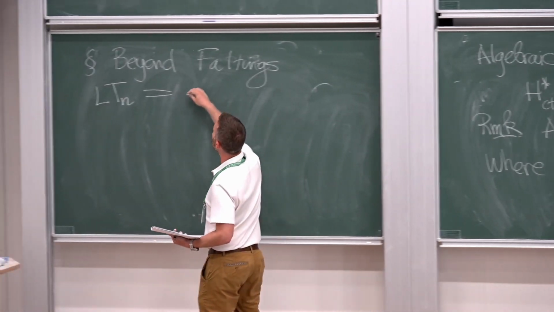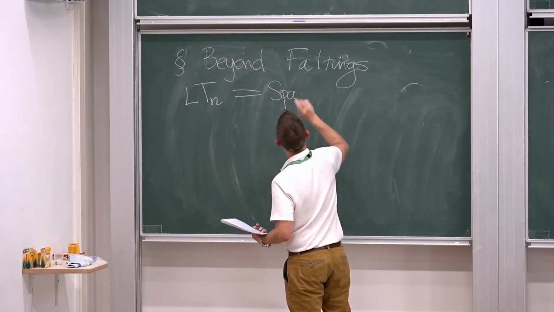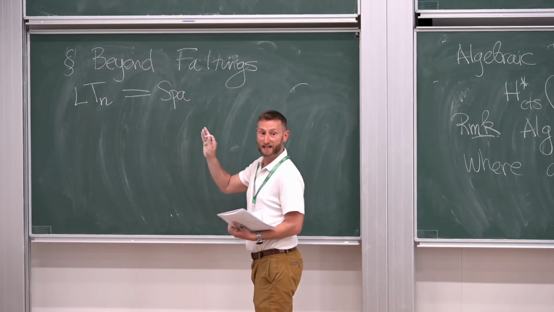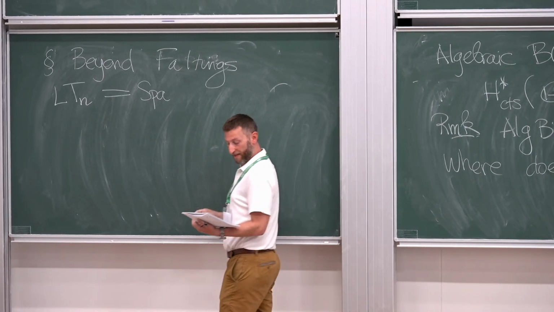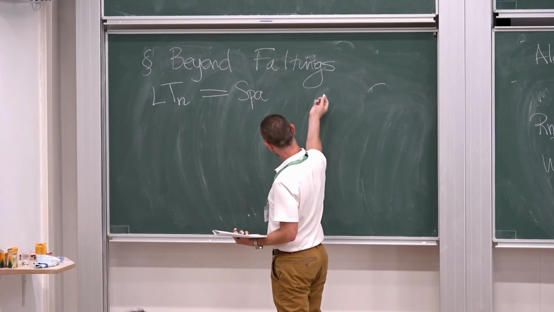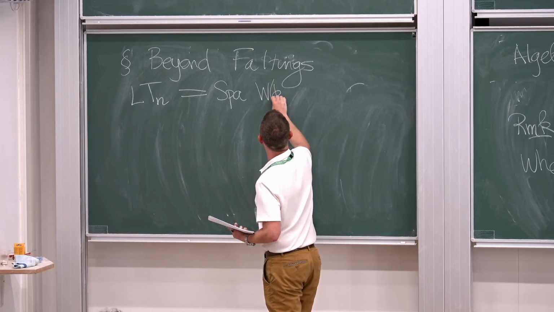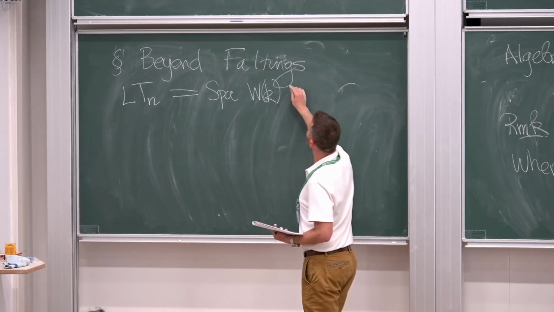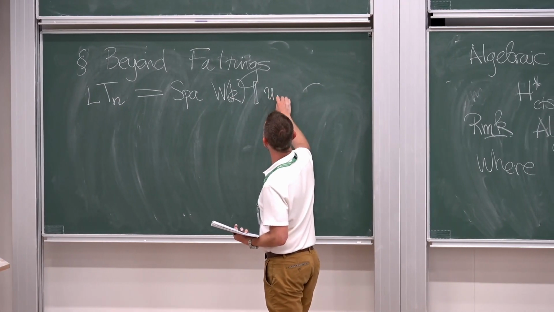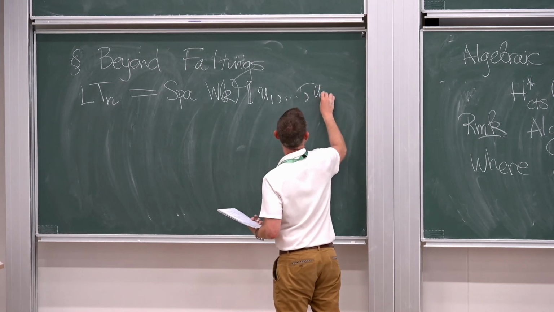So this was some adic space. It's affinoid, meaning it's like affine. It comes from just one ring. And that ring can also be written as Witt vectors adjoined some parameters u_1 through u_{n-1}.